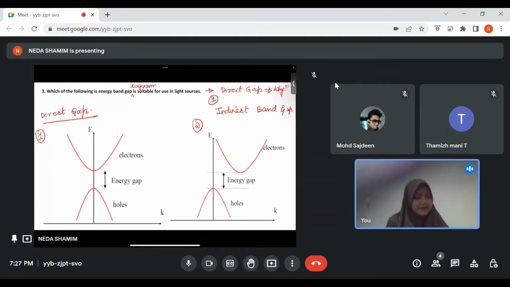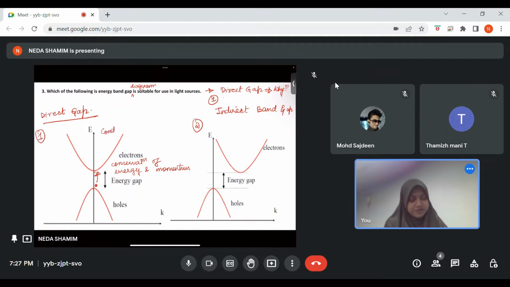See, whenever there is a transition from a valence band to a conduction band, there is a need for the conservation of what? What should be conserved? Energy and momentum. Okay, so this is an E-K diagram, energy with momentum diagram. Here, the maximum of the valence band is directly below the minimum of the conduction band.